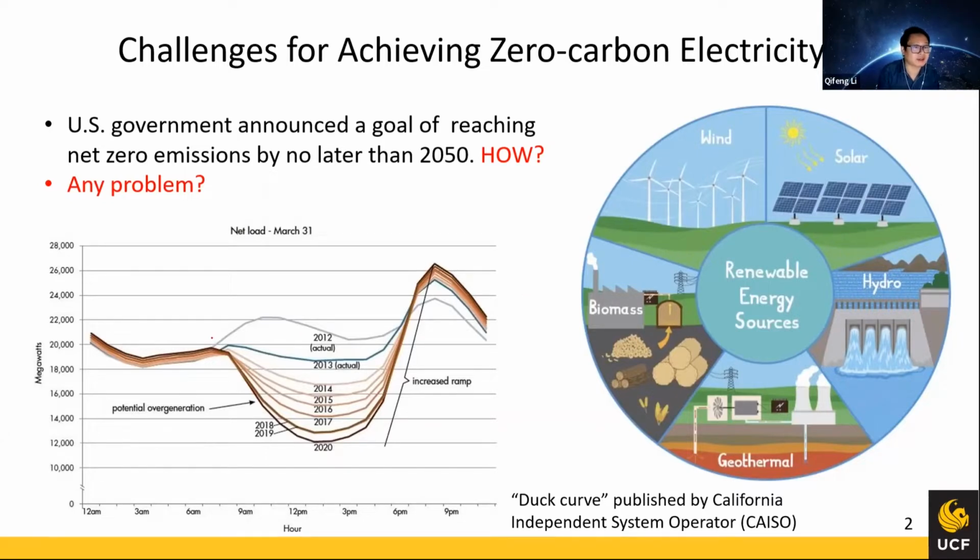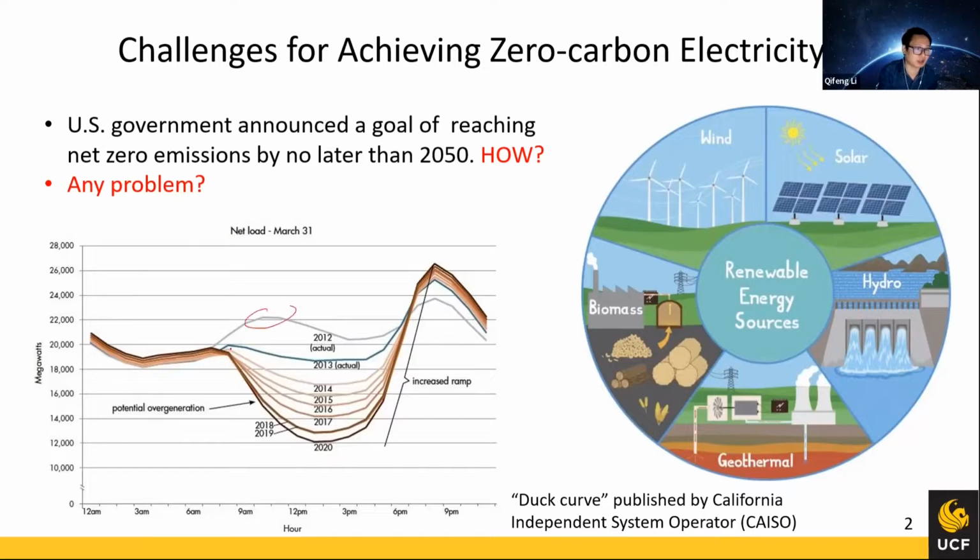As you can see, the back of the duck is the actual net load of California in 2012. At the time, there was a very low level of renewable energy. So this curve is basically the consumption of the customers.